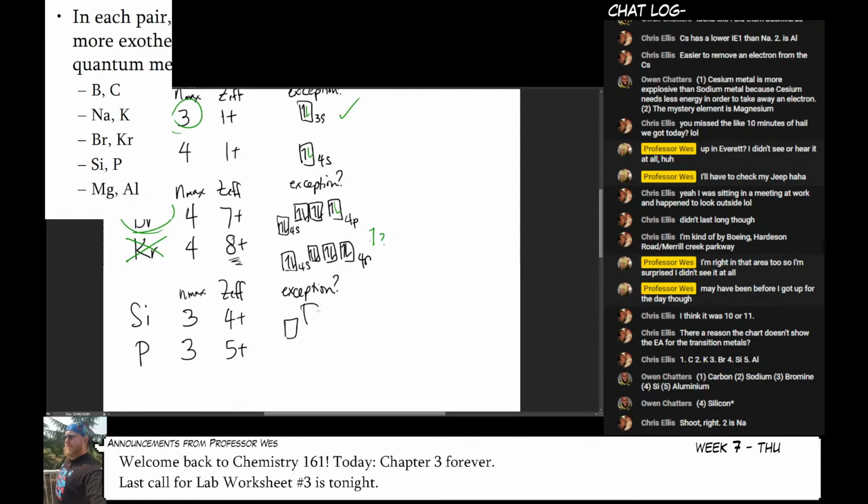And if I draw out my orbitals here, 3s, 3p, here's silicon, 1, 2, 3, 4 valence electrons, 1, 2, 3, 4, 5 for phosphorus. I'm going to add in the next one for silicon, no problem. I'm going to add the next one in for phosphorus. It's the first pair. Exception. This is the answer. Remember, only the first pair does this for electron affinity.